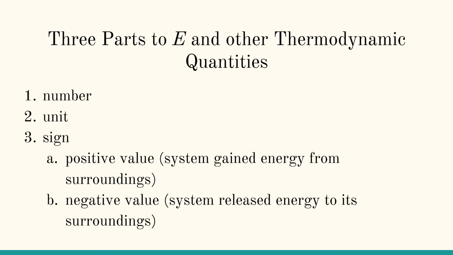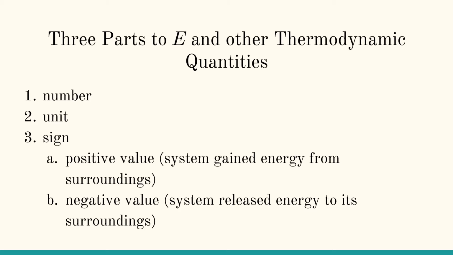So the sign is important because a positive value is going to mean that the system gained energy from the surroundings, and then it moves around in terms of and then gives free energy. The positive and negative signs are going to have a little bit of a different meaning, but for now we're going to be talking about energy and enthalpy.